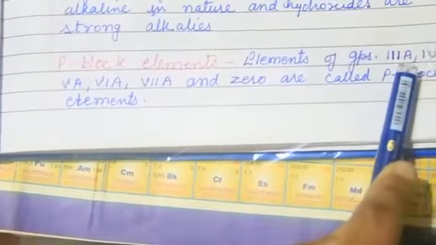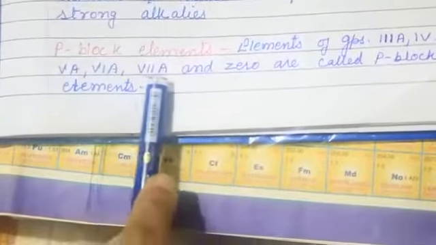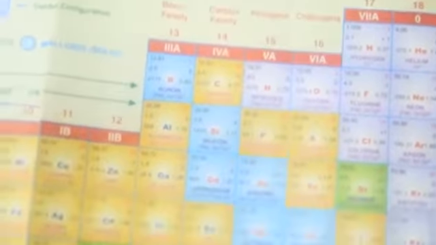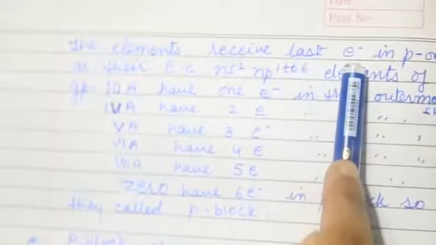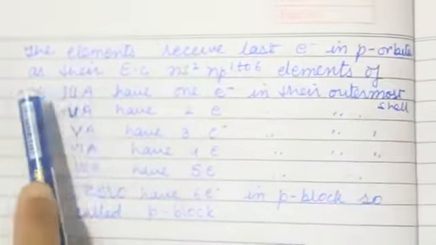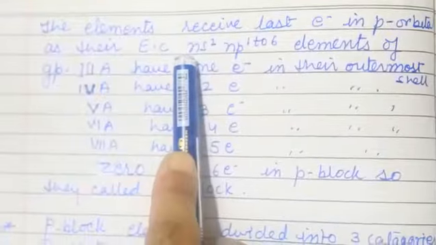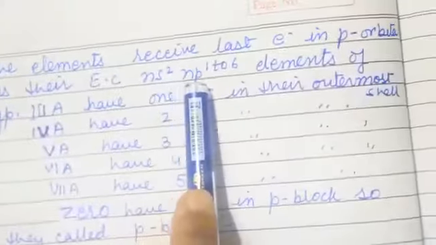P block elements. Elements of groups 3rd, 4th, 5th, 6th, 7th and 0 are called P block elements. See, 3rd, 4th, 5th, 6th, 7th and 0. All these are P block elements. The elements receive the last electron in the p orbital, as their electronic configuration is ns2 np1 to 6.